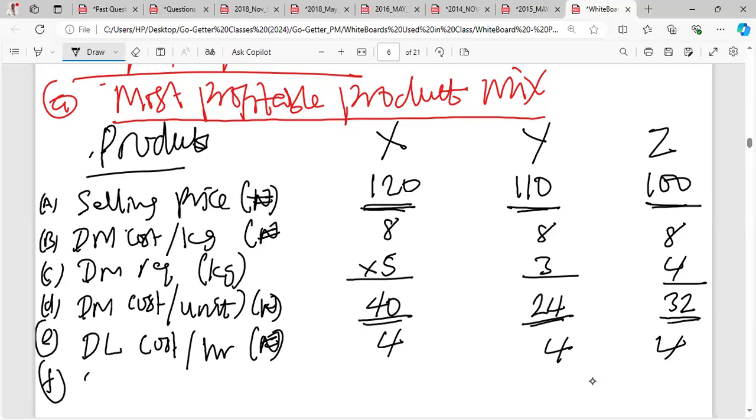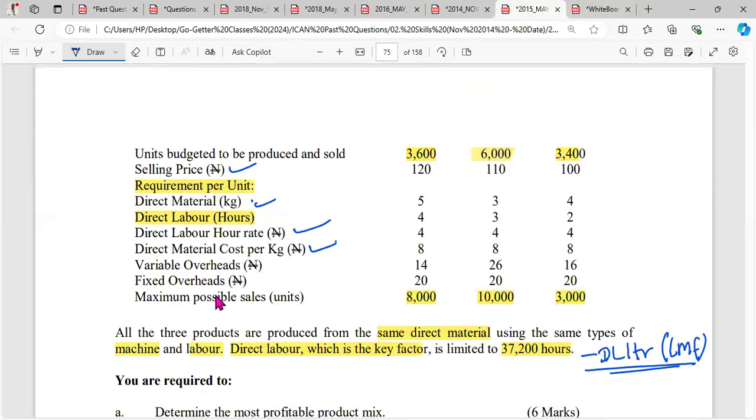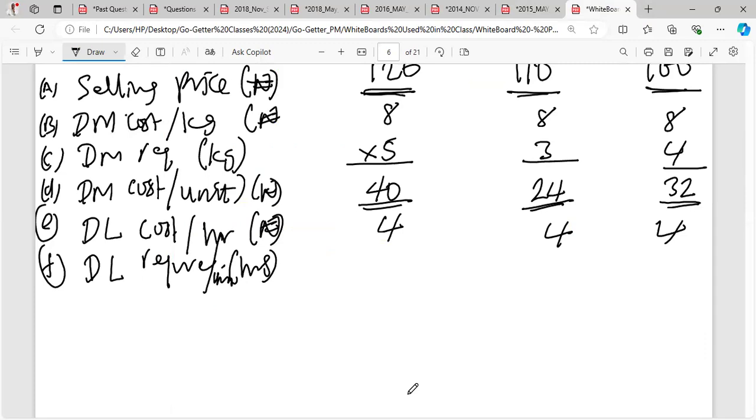Then this is F, direct labor required, in hours per unit. Direct labor required per unit, this is in hours. That is 4, 3 and 2.